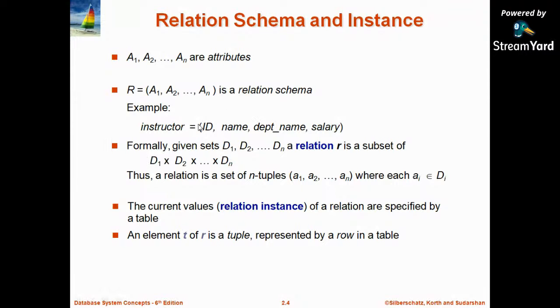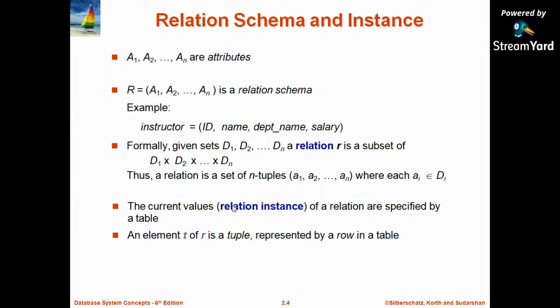D1 is the domain of ID, D2 is the domain of name, but the combination D1 × D2 × ... × Dn is the domain of relation R. You have to see this, it may be asked as a question: how do you represent the relation, and what does D1 × ... × Dn represent?